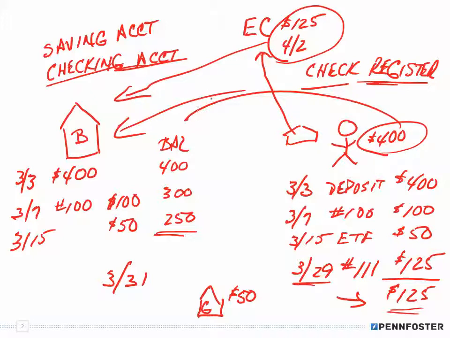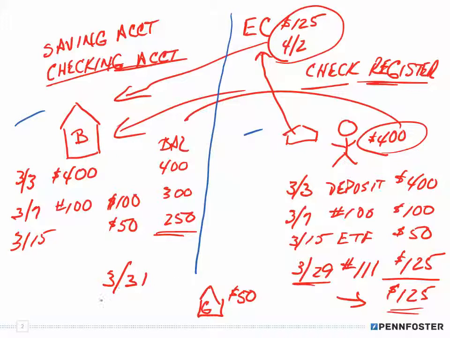And that's why we do bank reconciliations. What we're looking to do is say, here's what the bank thinks, and here's what we think should be in that account, and any difference between the two is what we're going to reconcile.